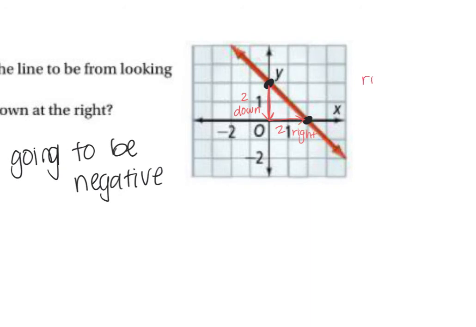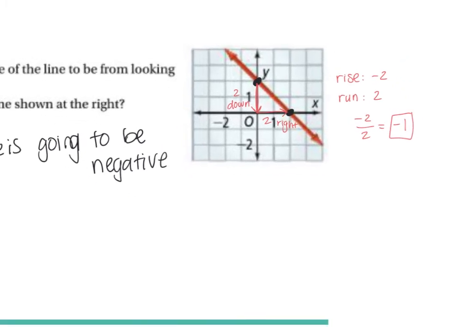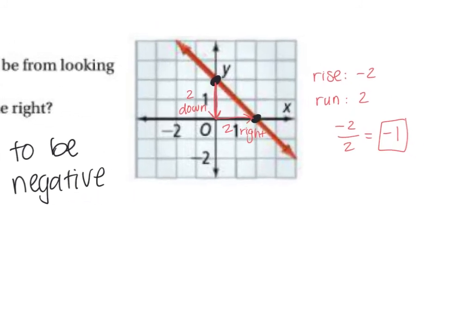So our rise is not just 2. What is it? -2, because we went down. And our run was? +2. So we've got -2 over 2. Does that simplify? Yeah, to what? -1.